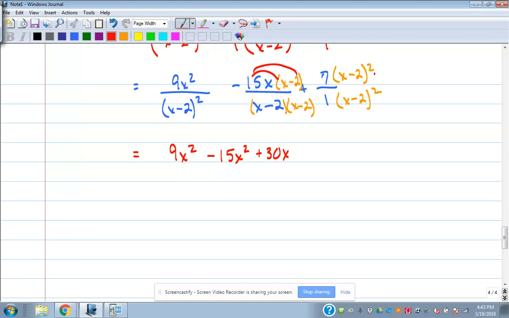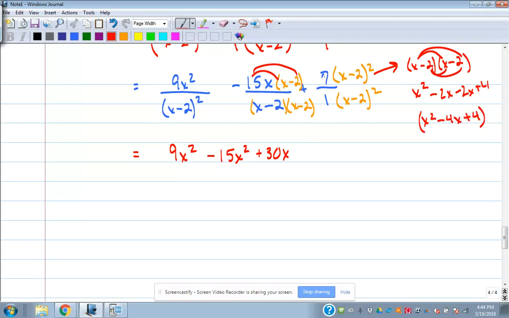Now, I'm going to do a little scratch work over here with the x minus 2 squared. x minus 2 times x minus 2. Yeah, x squared, x times negative 2 is negative 2x. There's another negative 2x. There's plus 4. So that's x squared minus 4x plus 4.